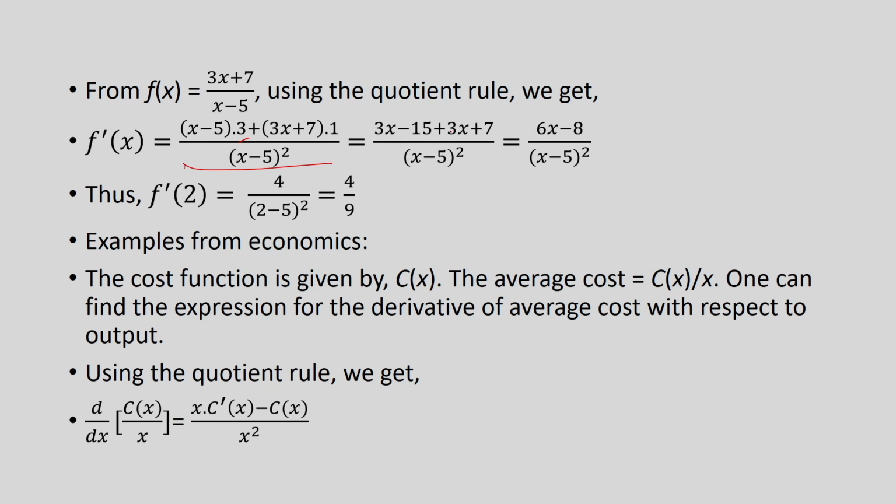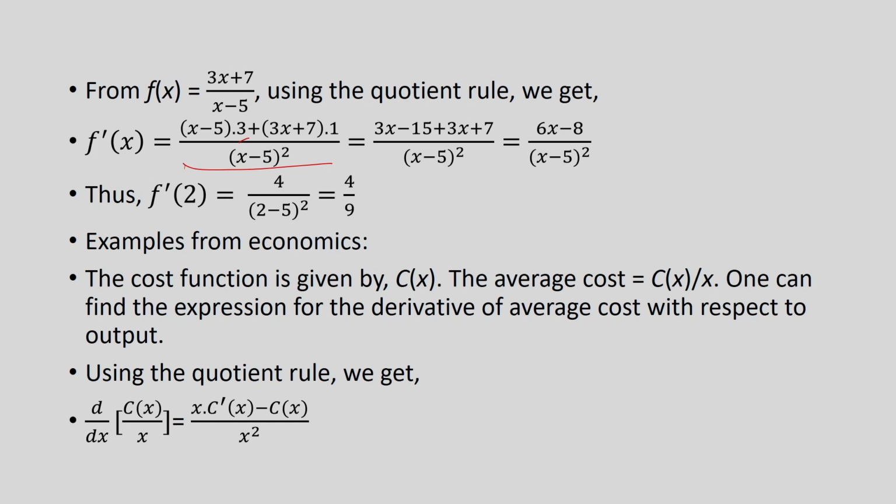And then we simplify this, it becomes 3x - 15 + 3x + 7, and that turns out to be 6x - 8, and obviously this is going to be divided by (x - 5) whole square.